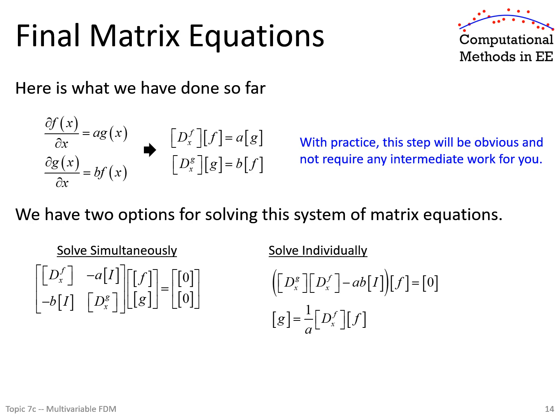This is a bit more numerically efficient, so this really is the preferred way, but maybe there's something happening with what you're doing that requires you to solve them simultaneously as a block matrix, and that's fine. I just want you to see both approaches. We will take the approach on the right.